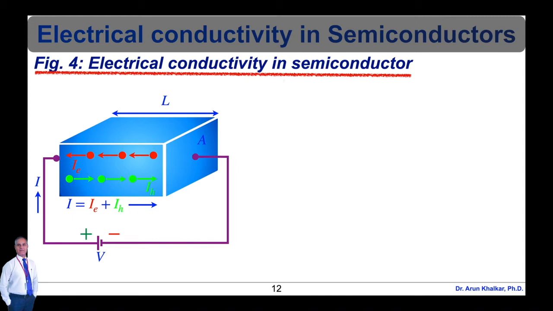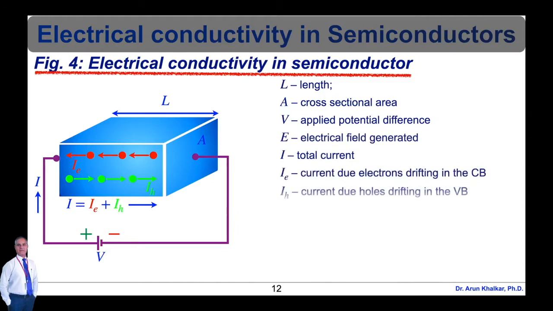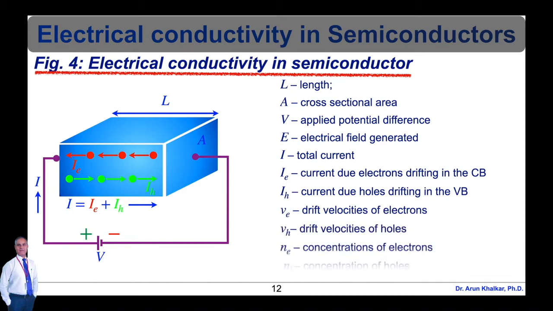As shown in this figure, L is the length, A is the cross-sectional area, V is the applied potential difference, E is the electric field generated, and I is the total current. I subscript e is the current due to electrons drifting in the conduction band.